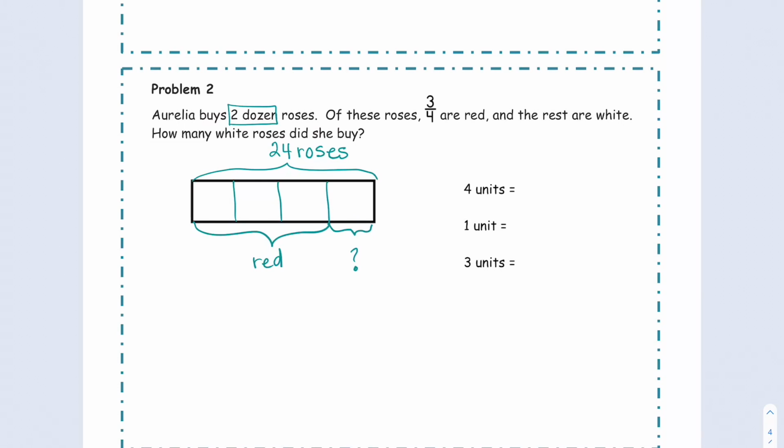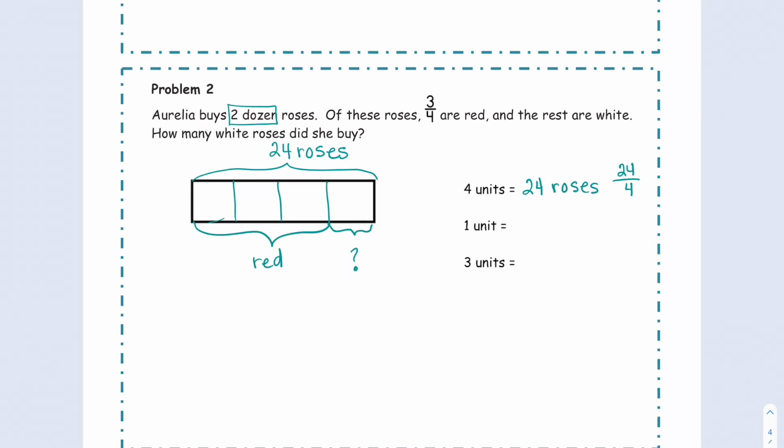Okay, so the same thing goes. To figure it out, we have to figure out what's in each box. So we know that 4 units is 24 roses. And that would mean 24 divided by 4. Here's one way to write it.